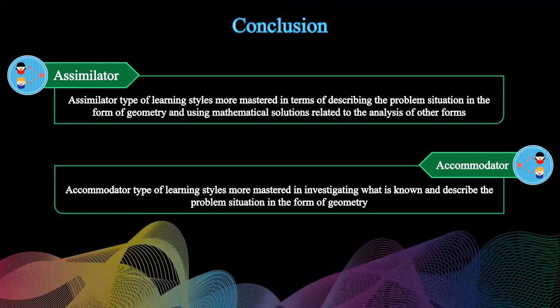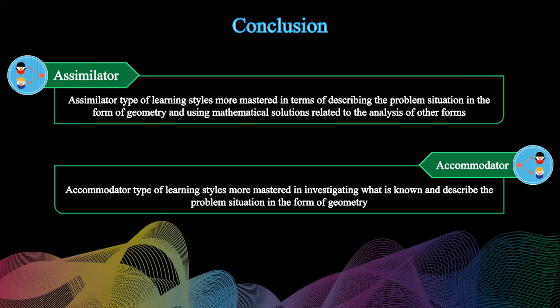Then, based on the results and the discussion, it can be concluded that the Kolb learning style greatly affects student mathematical communication ability. Every type of learning style has different mathematical communication ability.